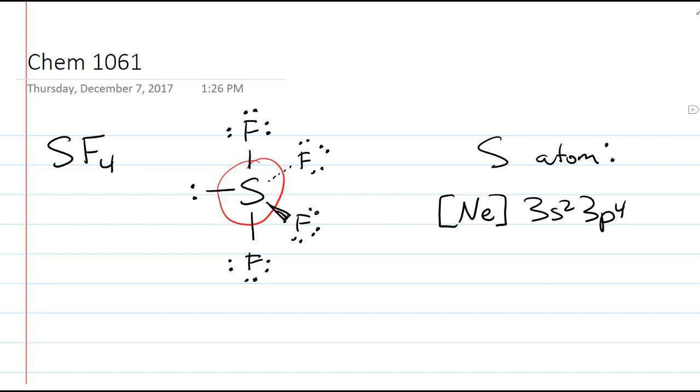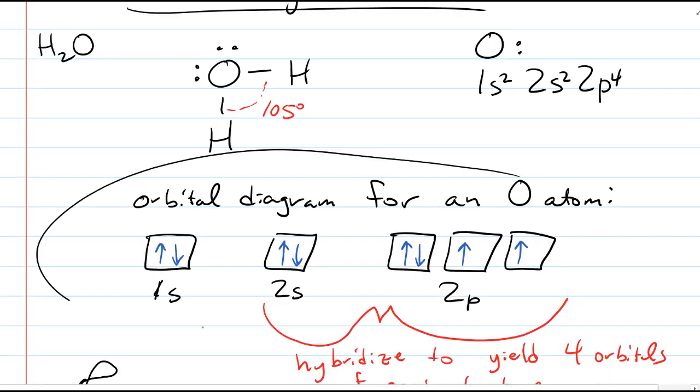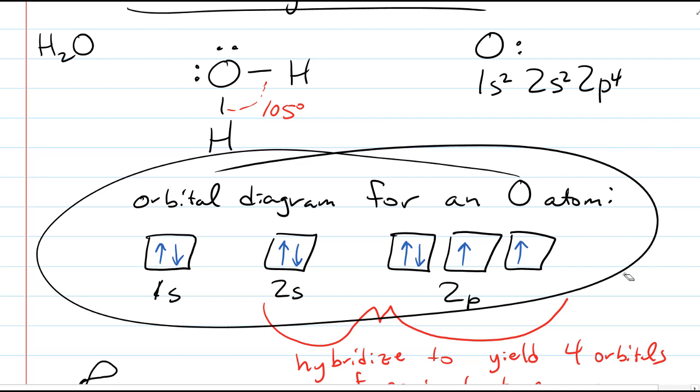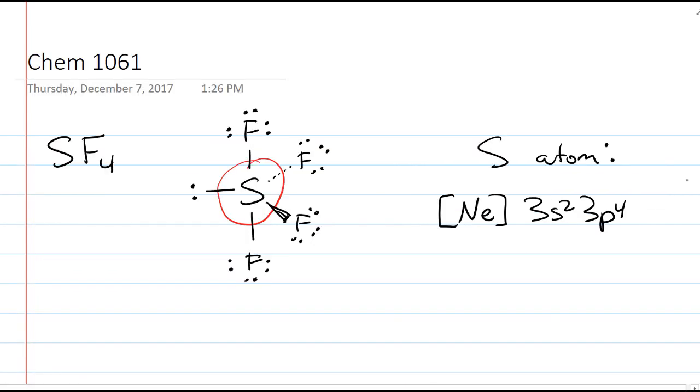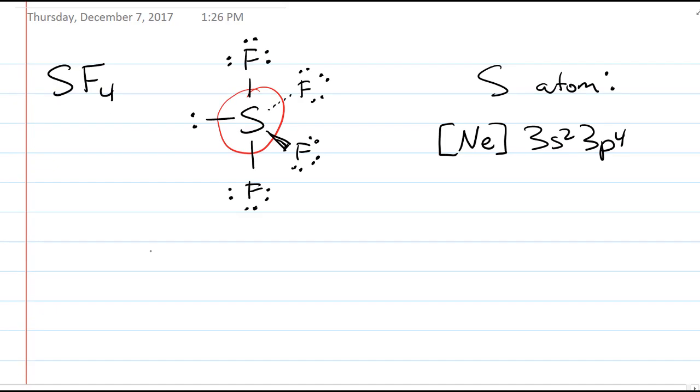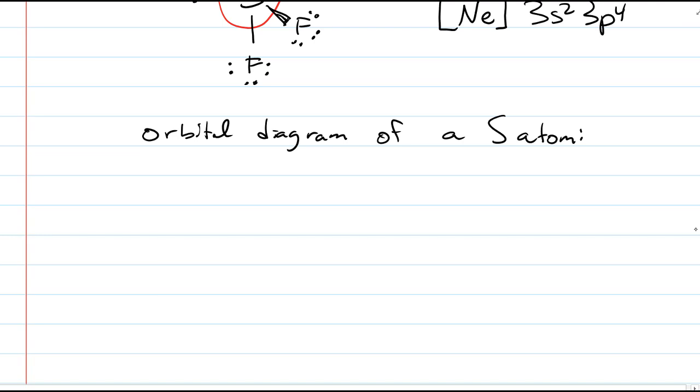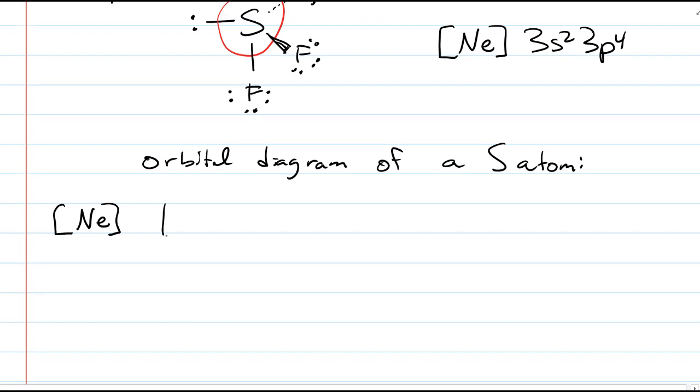So from here, once we write out the electron configuration for that element that's in the center, the next thing we do is we write out the orbital diagram for that central atom. So we write out the orbital diagram of a sulfur atom. And when we write out the orbital diagram of a sulfur atom, we start with neon, and then it looks like we have 3s2 and the 3p4.